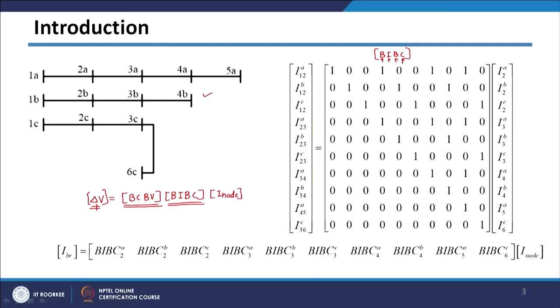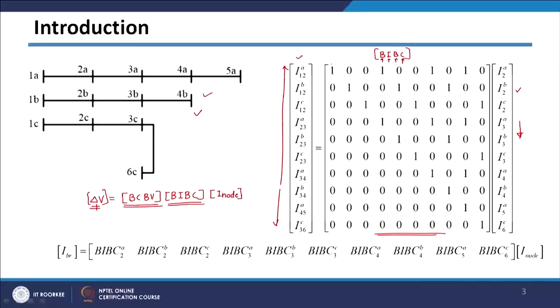It converts your load currents to branch currents. These are the branch currents in all the 3 phase branches of this system, and these are the load currents at each of the nodes. So, these node currents will be converted into branch currents using this BIBC matrix.